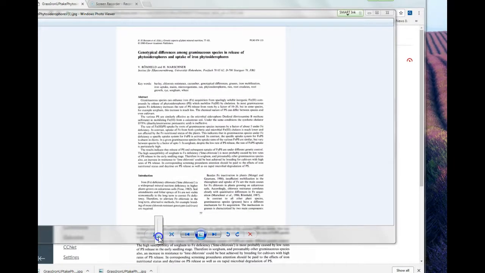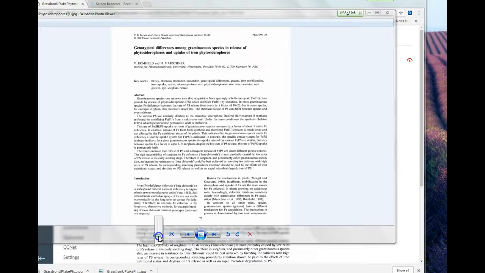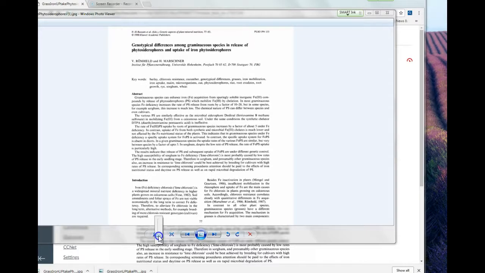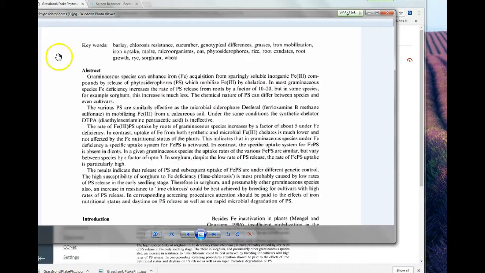Okay, so this just talks about genotypic differences among the different grasses in release of phytosiderophores and uptake of the iron phytosiderophores. We've already talked about how grasses can enhance iron acquisition from places where you don't have much iron availability by releasing phytosiderophores, which will mobilize that Fe3+ by chelation.